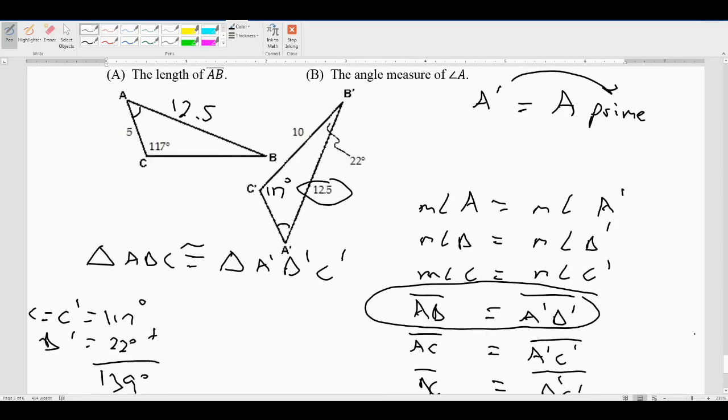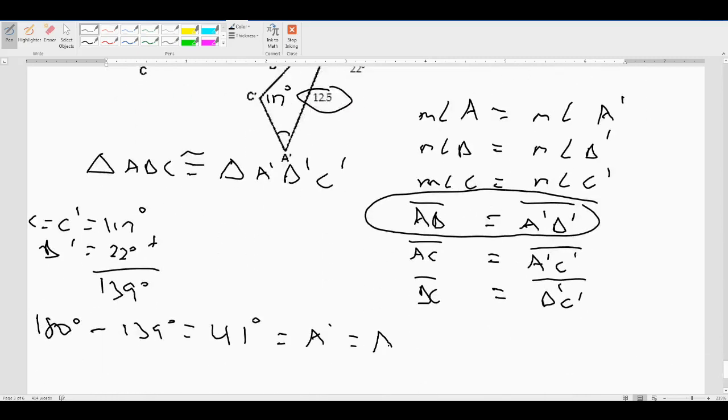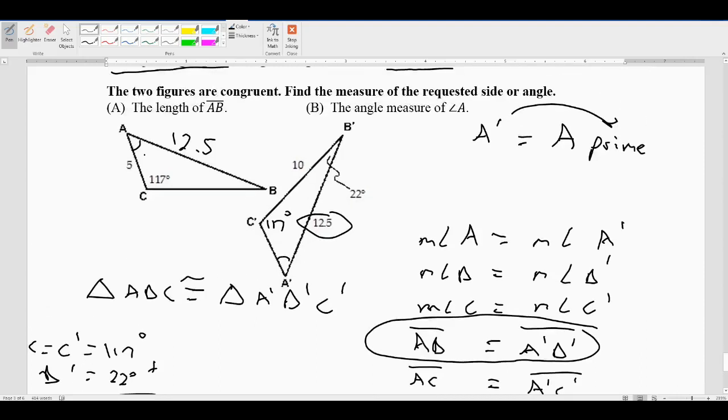And we want the angle measure of angle A. So it's going to be equal to A. So that means that angle A is 41 degrees. The measure of angle A is 41 degrees. Did you catch that? Or I could easily recognize that that's 117, that B prime is 22, which means that B would be 22.